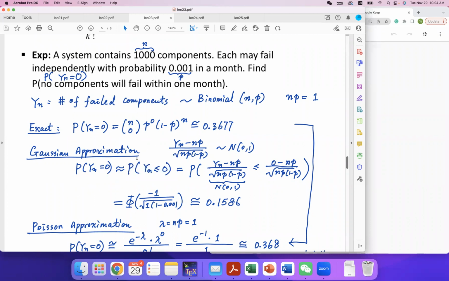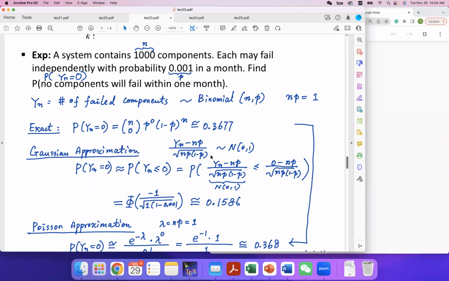And by doing that, we transform this probability into a CDF of Yn evaluated at 0. For this CDF, we can approximate it using the Gaussian approximation. So we do a normalization on both sides: subtract the mean and divide by the standard deviation.